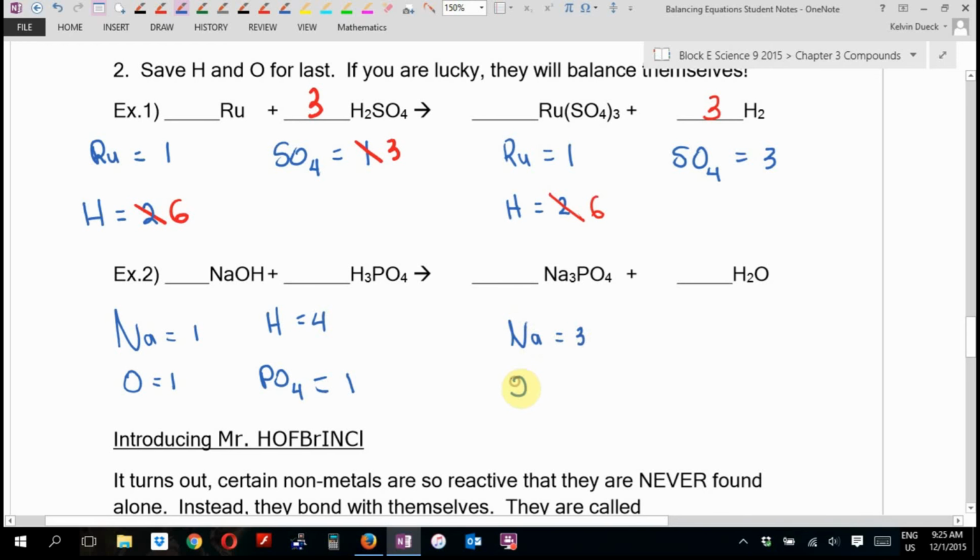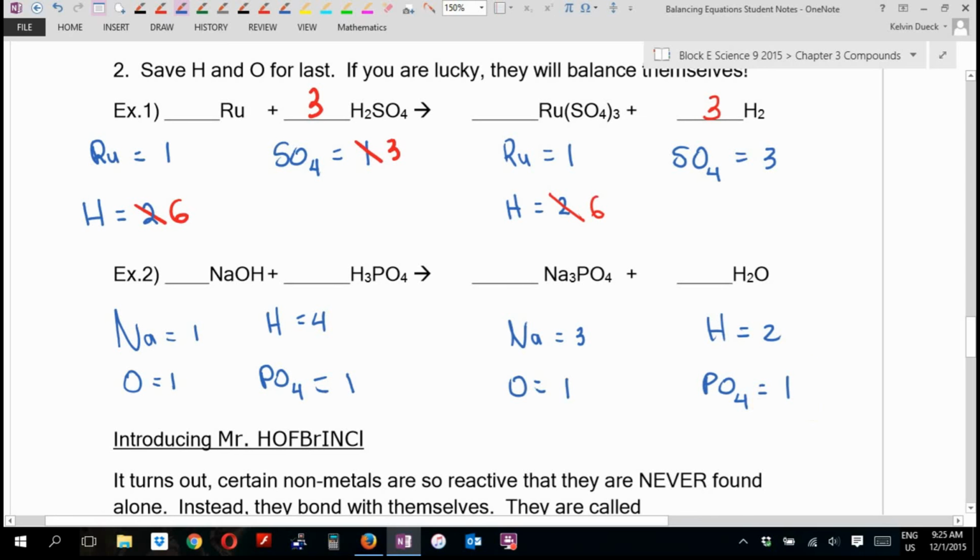How many O's are there? Now, I'm not counting this O because I'm treating it as part of the PO4. I'm only looking at this separate O here. How many are there? 1. How many H's are there? 2. And how many PO4s are there? 1.